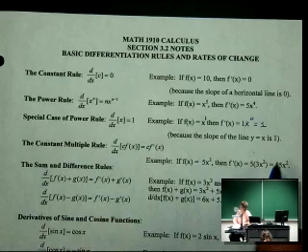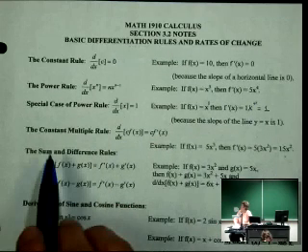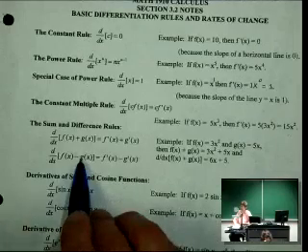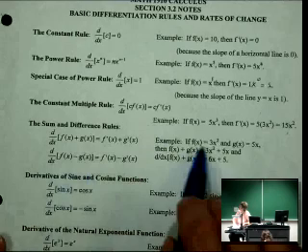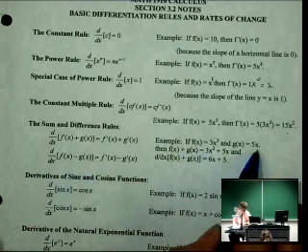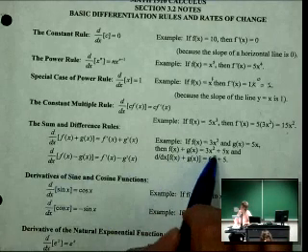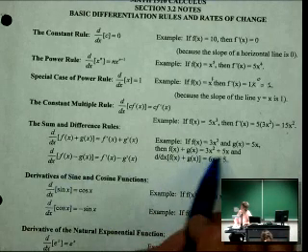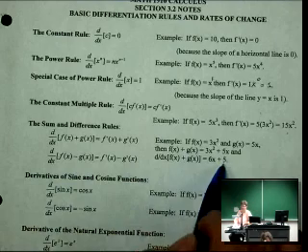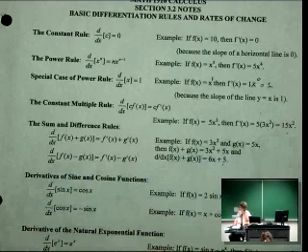The sum or difference rules is what allows you to find derivatives term by term. If f of x is 3x squared and g of x is 5x, then f plus g of x is 3x squared plus 5x, and the derivative would be 6x plus 5. You can take derivatives term by term.